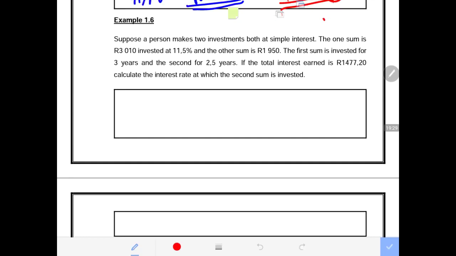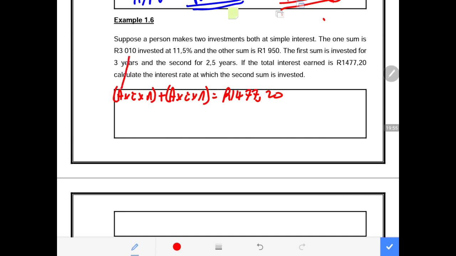So now that means we can say A times I times N plus A times I times N equals 1,477 rand 20 cents. So we can put brackets here and we put brackets here. So now I can continue with my calculations now.